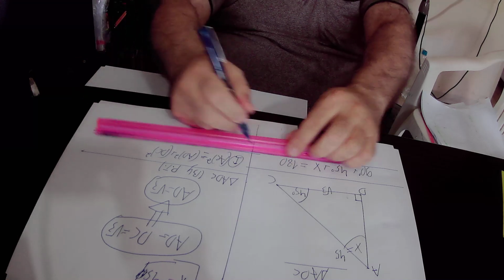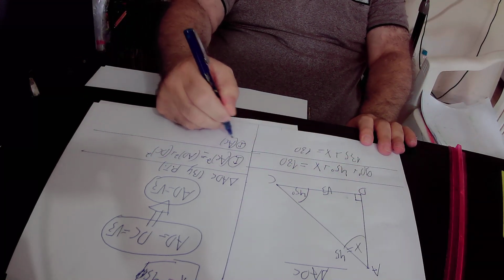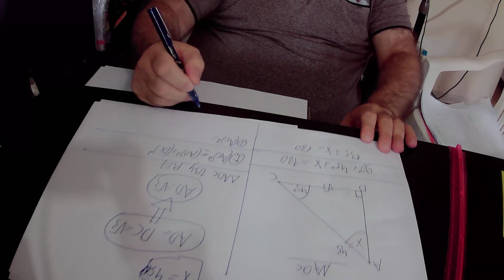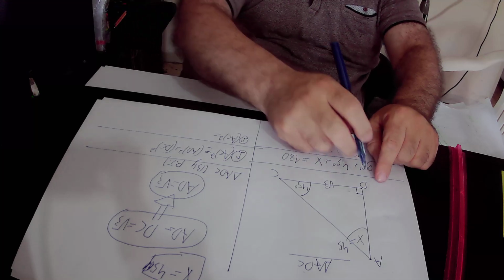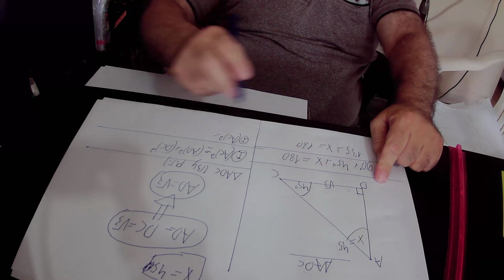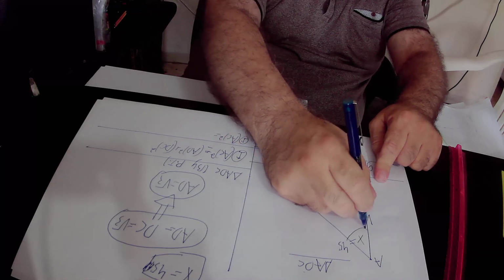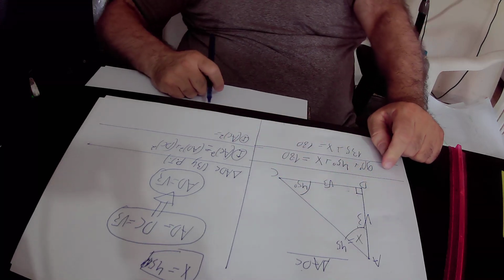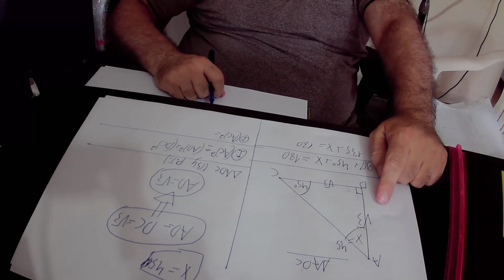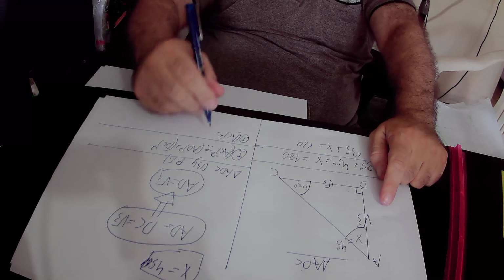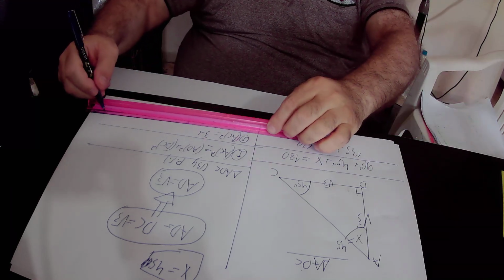So AC squared equals AD squared. Here I found out that AD equals square root of 3 units, therefore AD squared is square root of 3 squared, that is 3, plus DC squared.